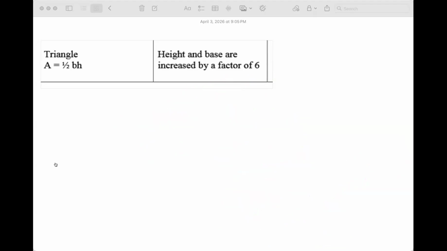How about this? I'll do 2 3D shapes and then let you go, guys. Let me see what I can do. How about this? A rectangular prism, okay? Triple the width and quadruple the height.